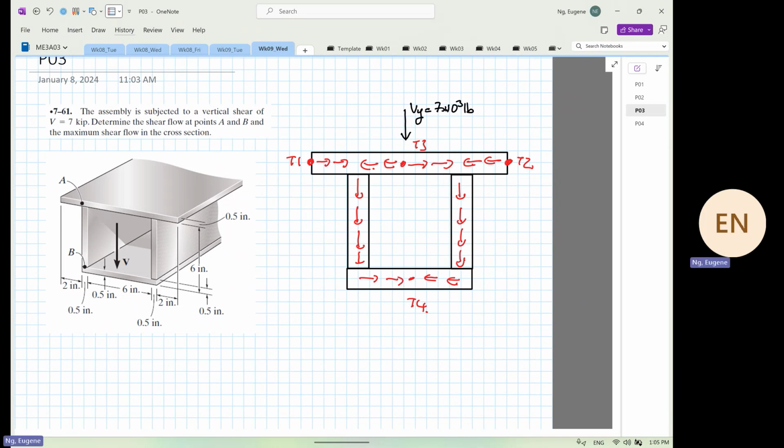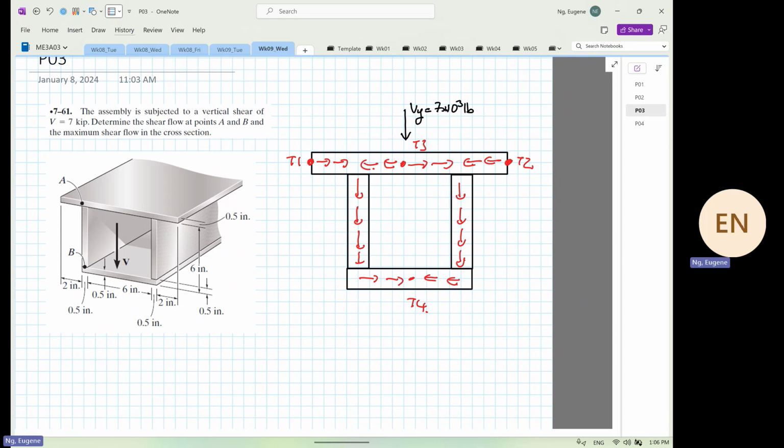Now, any of you surprised of how they flow? Because T1, once it reaches the vertical web, it has to flow down.